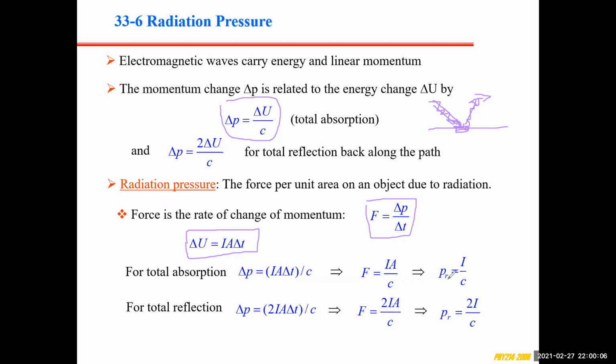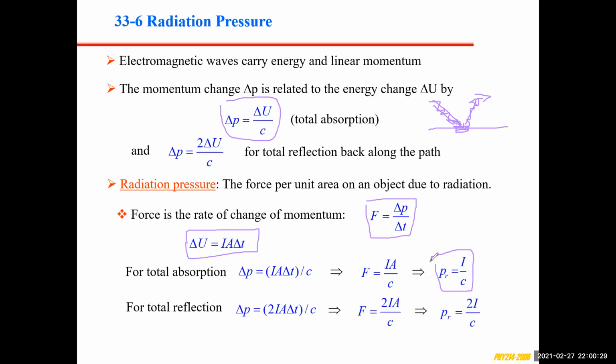And then the pressure. When there is a force, there's a pressure. How do we find pressure? Pressure is force over unit area. So you have I A over C, and then divided by A, that gives you the pressure. So what we found is that the radiation pressure is intensity over the speed of light. What does that mean?